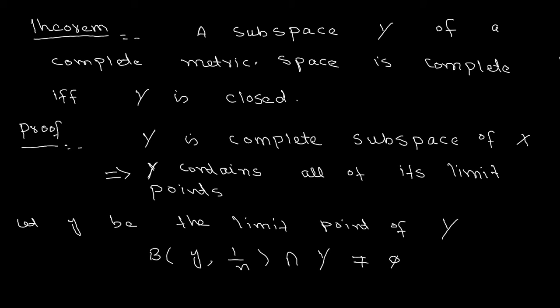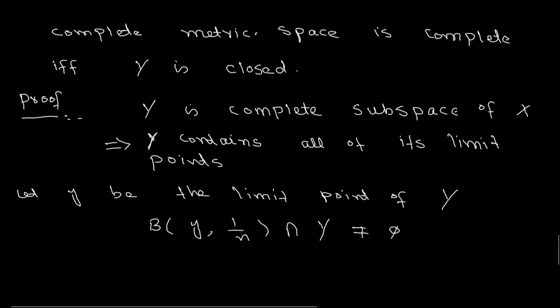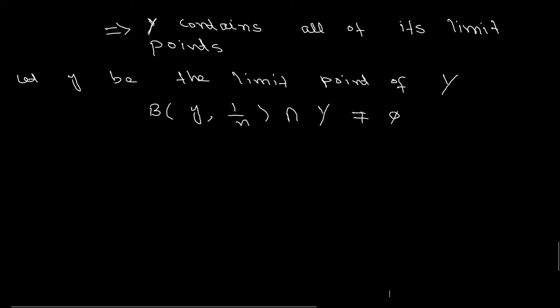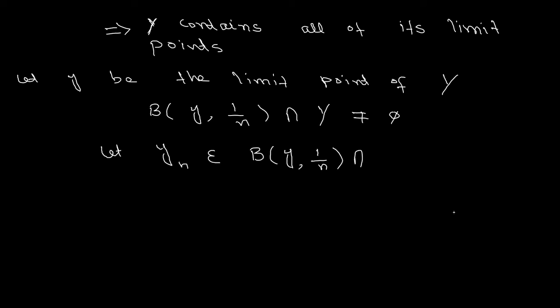So there is a common point, let that point be yn, in the intersection of B(y, 1/n) with Y.